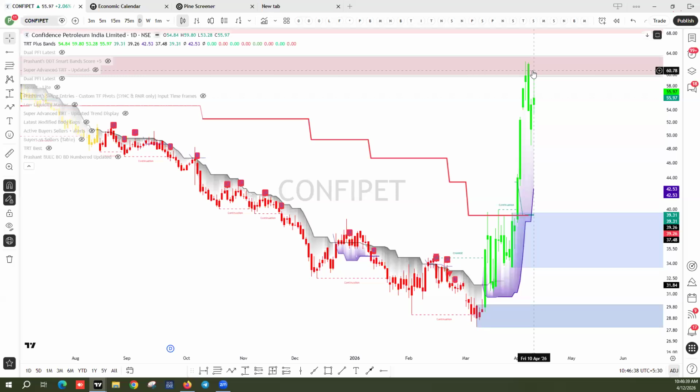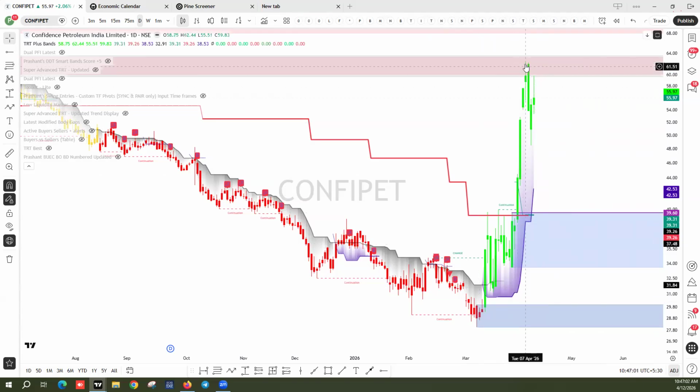Sir, now that it has gone significantly high, I will wait for some consolidation to happen or take an entry around this buying zone between 40 and 34. So if it comes down in this buying area slowly, will you buy? Yes, sir.